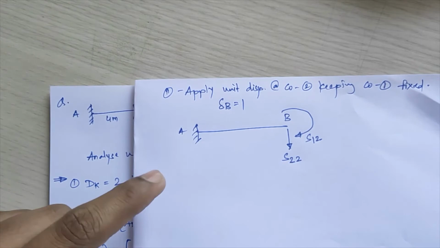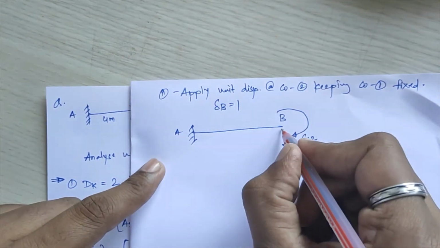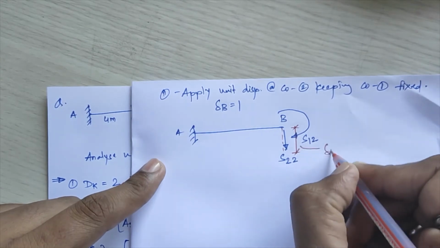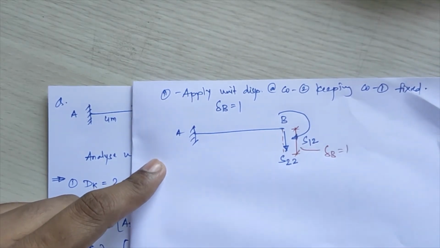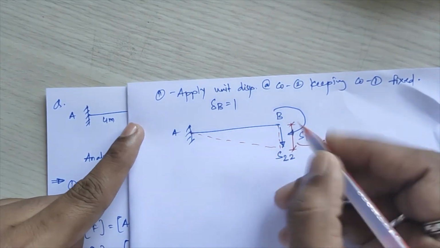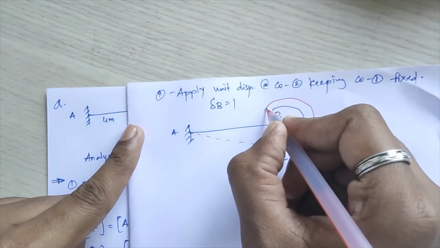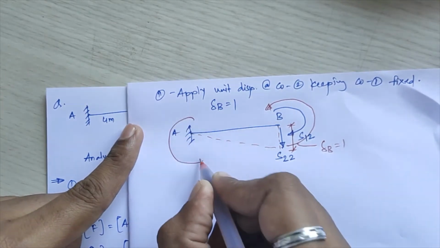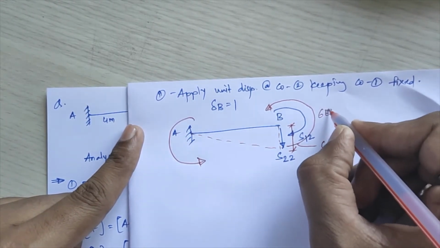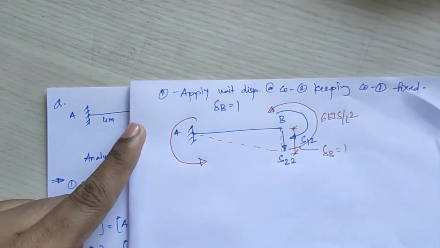So I apply this delta B equal to 1. Due to this delta B, the deflection pattern will be in downward direction, which will subject the anti-clockwise translational rotations of intensity 6EI delta upon L square.